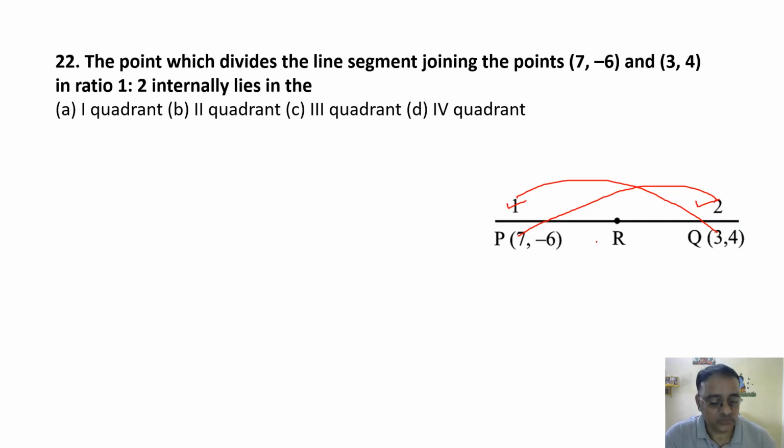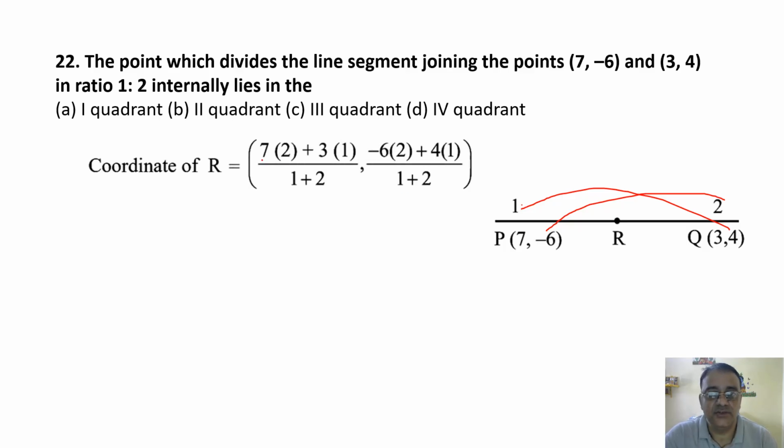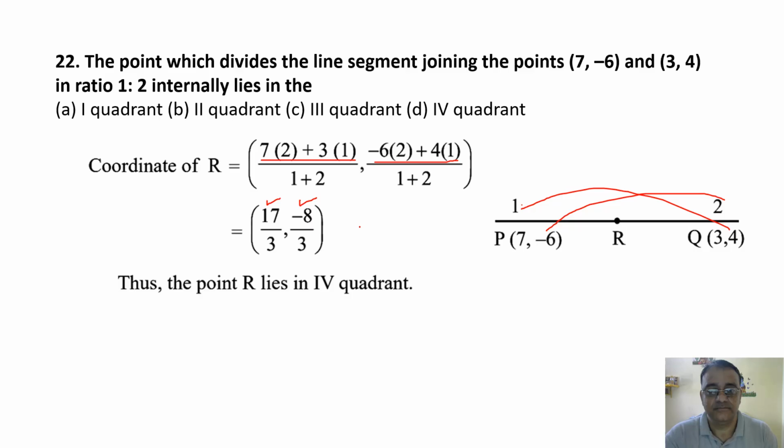Next one, (minus 6 into 2 plus 4 into 1), yeah, 1 into 4, upon (1 plus 2). So we are getting (14 plus 3) by 3, that is 17 by 3, and (minus 12 plus 4) by 3, that is minus 8 by 3. X coordinate is positive and y coordinate is negative, right? So it will lie in the fourth quadrant. And the correct option is option D.